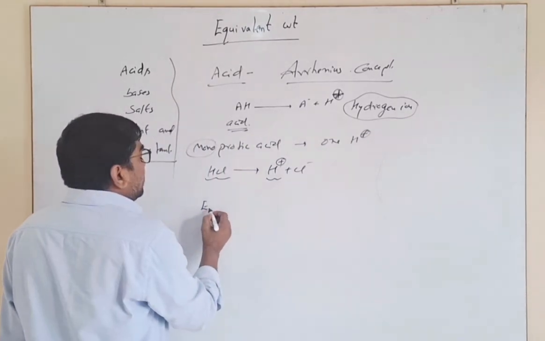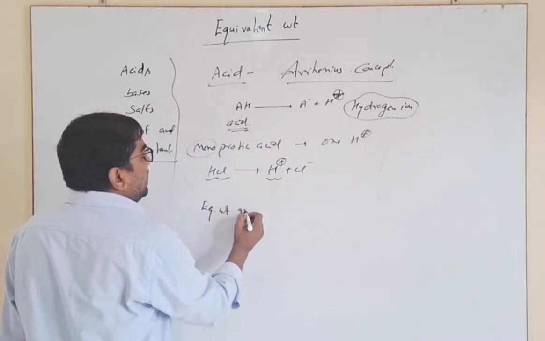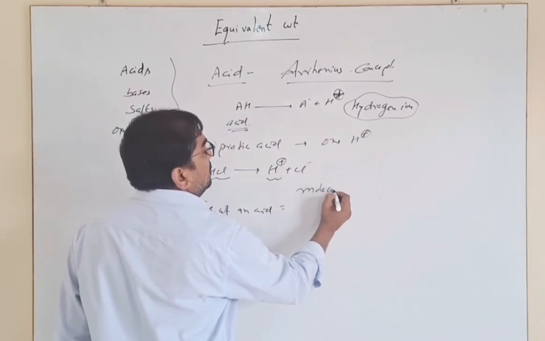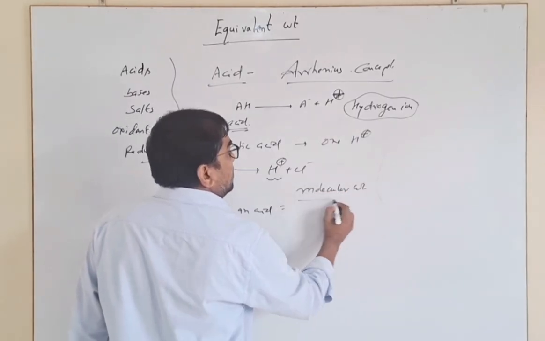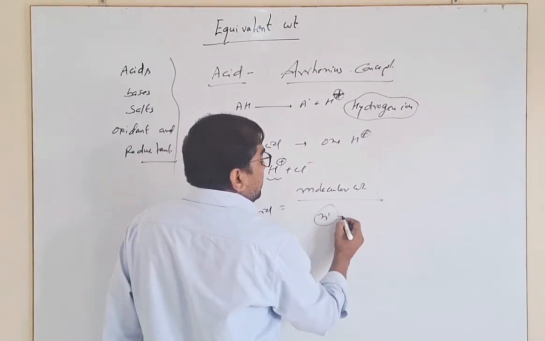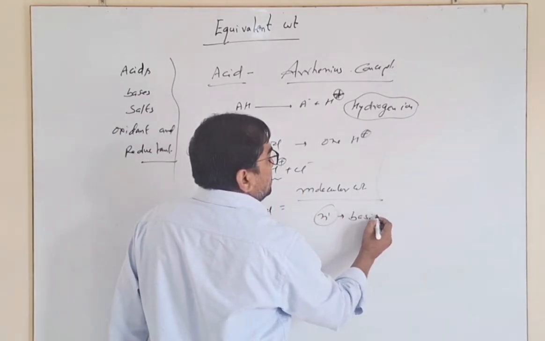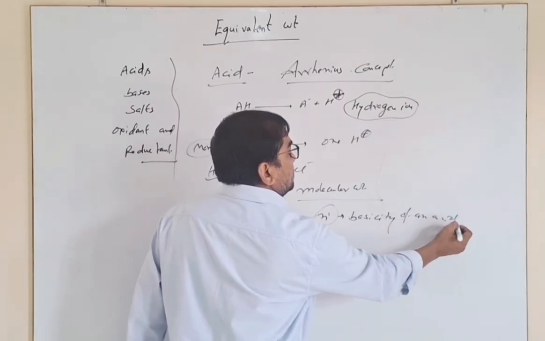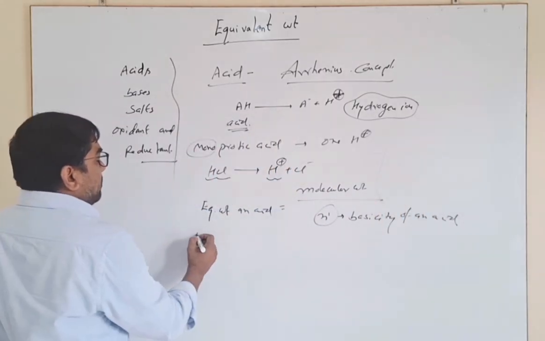So the equivalent weight of an acid will be its molecular weight divided by n dash. What is n dash here? It is the basicity of an acid. What is basicity?